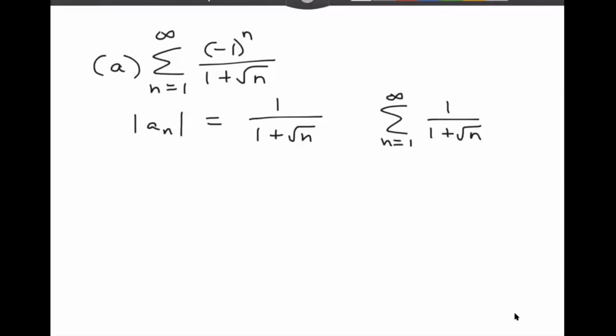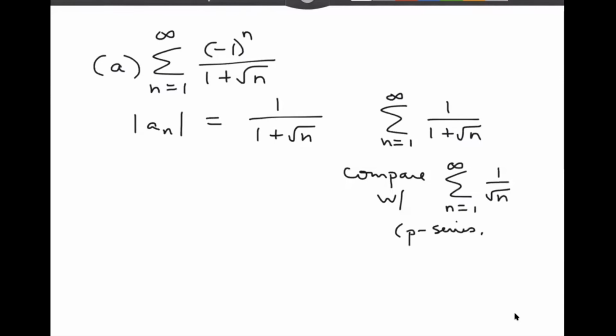It should do the same thing as the series 1 over the square root of n, because as n gets large, that plus 1 in the denominator is going to become sort of insignificant. We know that this series is a P series with P equal to 1/2, which is less than or equal to 1, and therefore diverges.